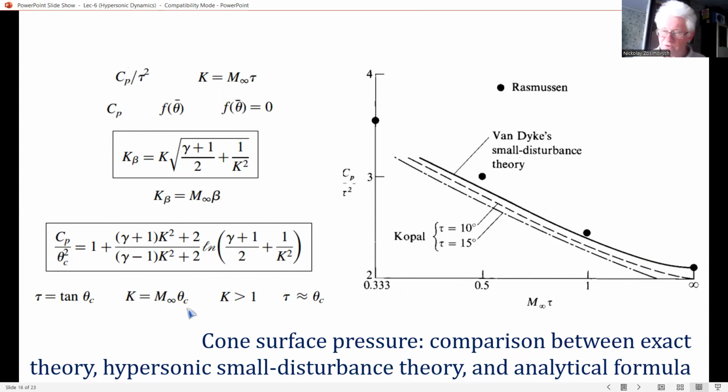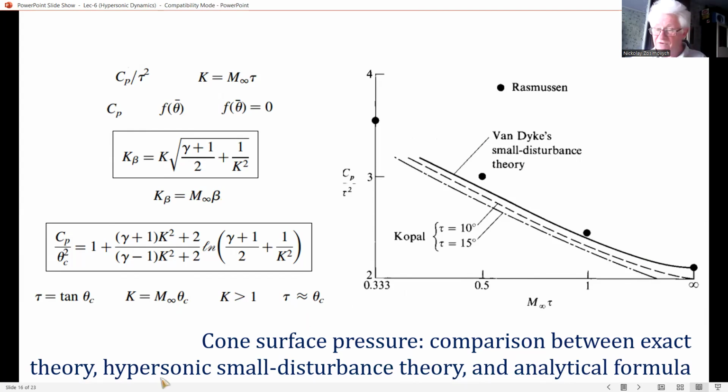Rasmussen observed in his research that it agrees well with the exact cone result, as obtained before him by Kopal, in the case when tau is small and M infinity is large. However, better agreement for larger values of tau is obtained in the case when tau is approximately equal to sine theta sub c.